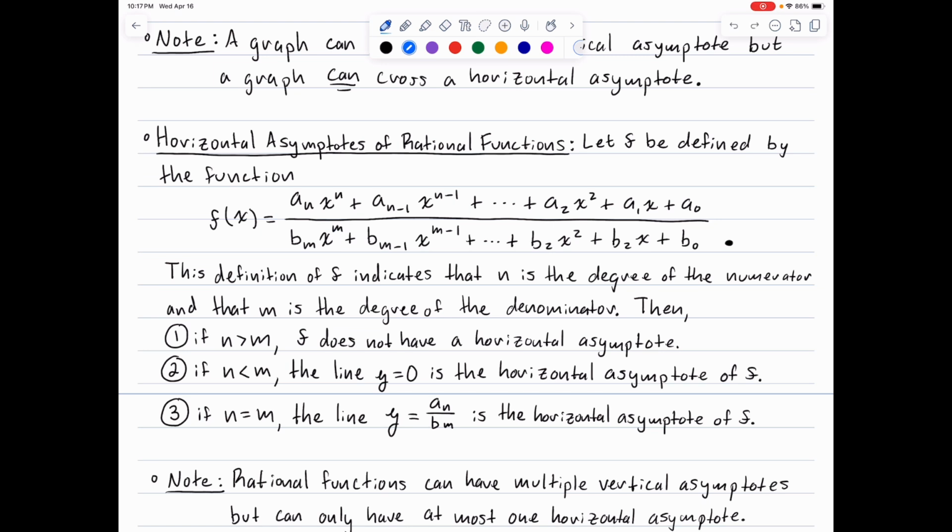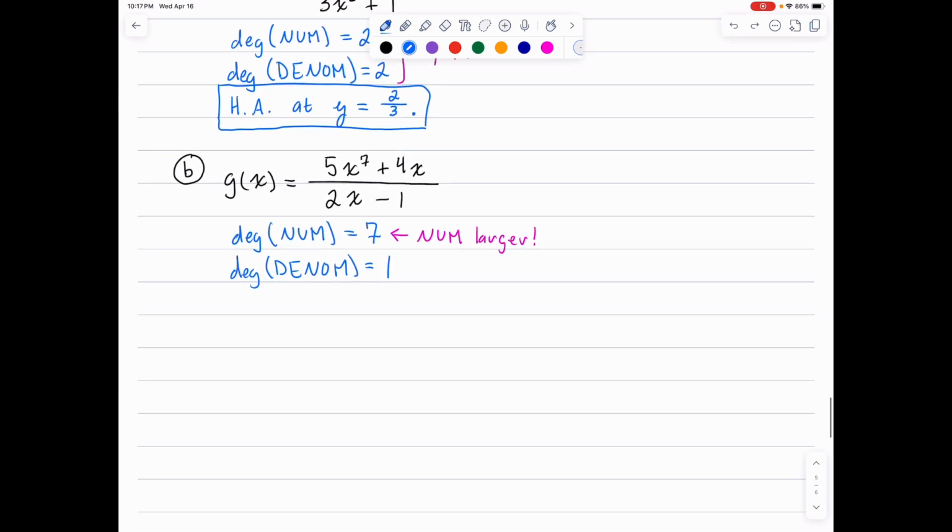We want the one where n is bigger, and that looks to be number 1. Number 1 says if n is greater than m, then f does not have a horizontal asymptote. So let's go back down here. Since the numerator is larger, all we have to do is write no horizontal asymptote. And then you're done. Okay? So that's part B.